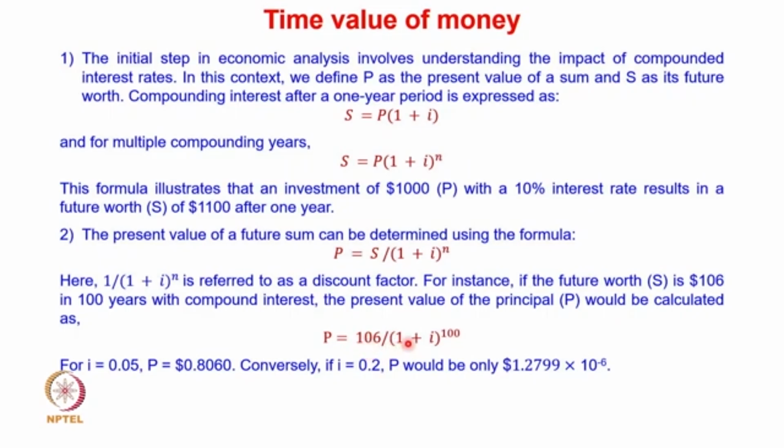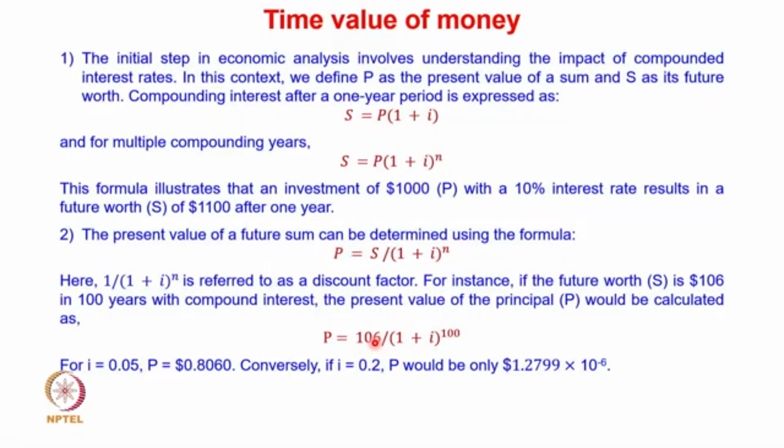So 106 divided by (1 plus i) raised to the power 100, because the number of years here is 100. With i as 0.05, the value of P is $0.8. So you can see that if I invest $0.8 today, after 100 years its value will be 106 with an interest rate of 0.05.